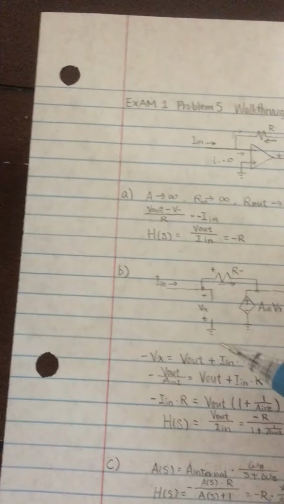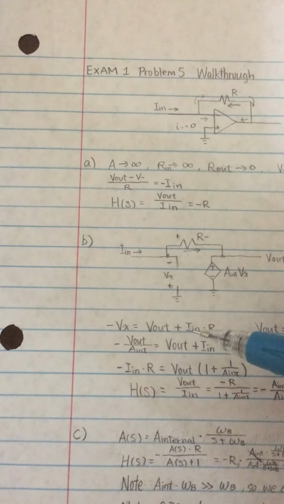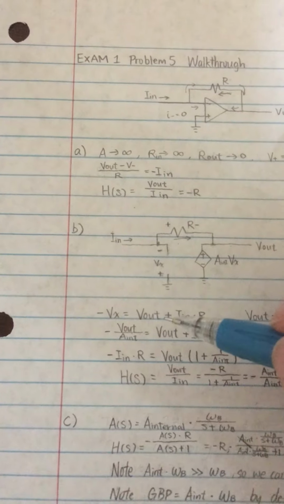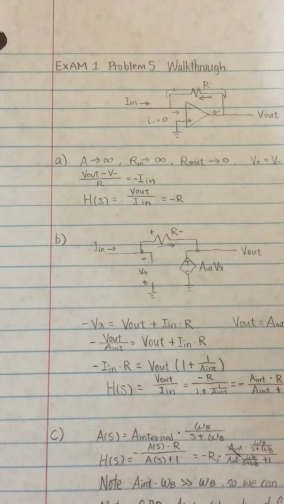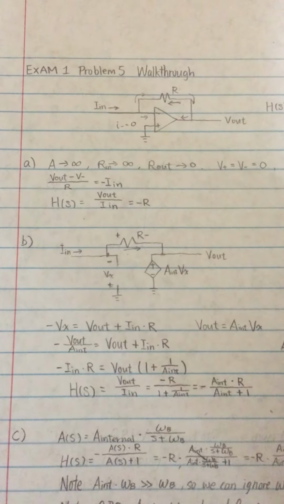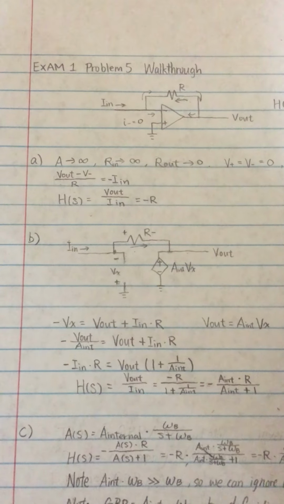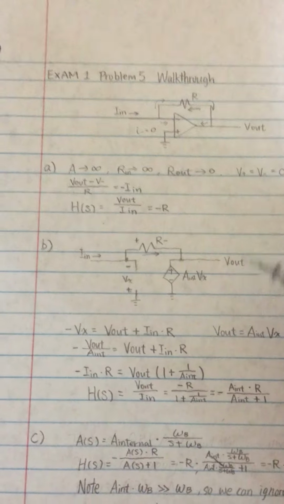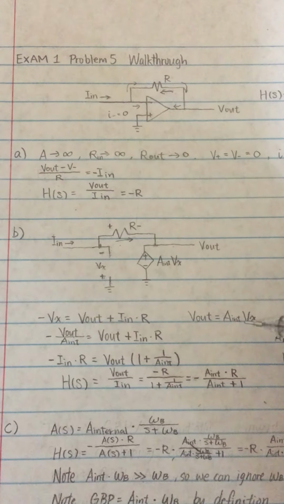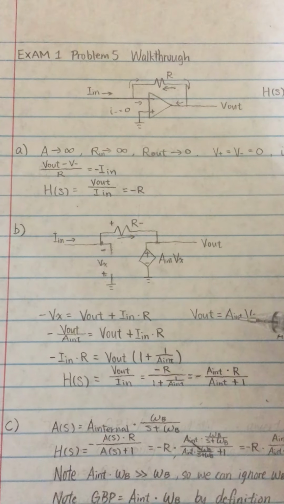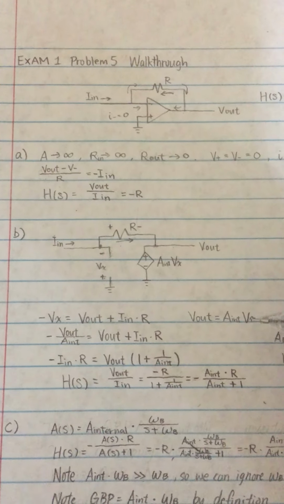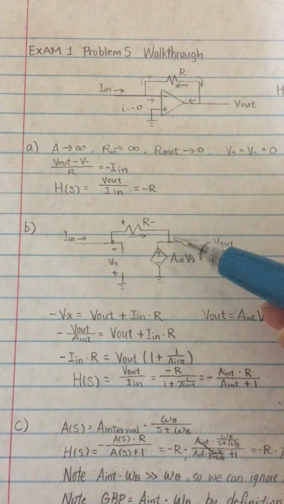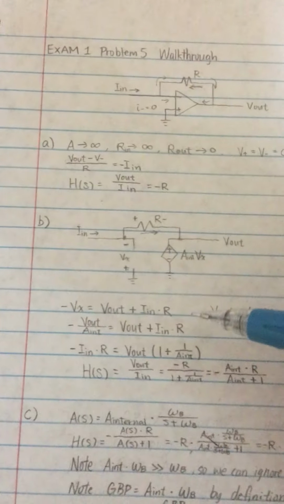If we only have this equation, we have two unknown variables in one equation, which we cannot solve. So we need another equation to help us solve the system. So we have another one here, V out equals A in times Vx. Because they share the same node, they should be of the same voltage.